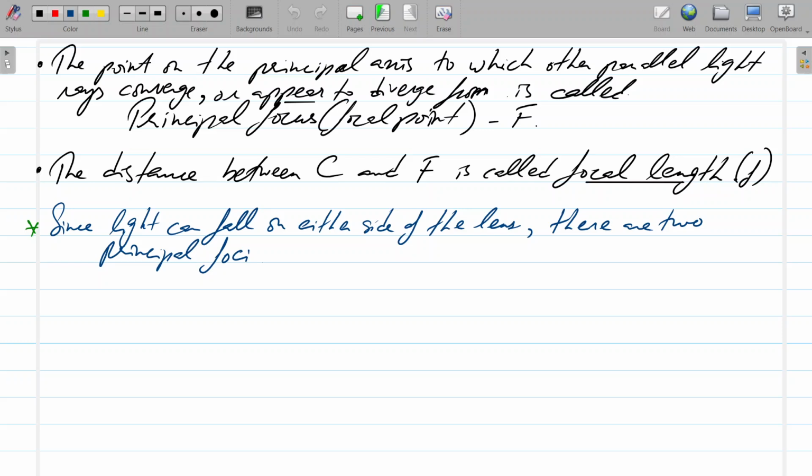Yes. Okay, then you are introduced to something called ray diagrams.